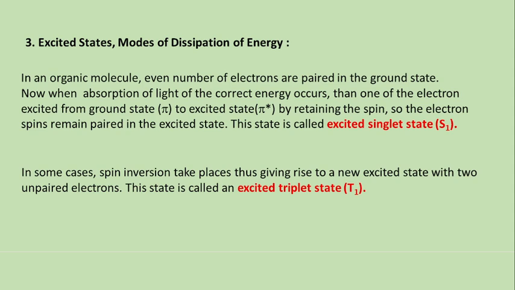These excited molecules undergo excitation in the singlet and triplet states, and that excitation must be in the excited states, that is excited singlet state and excited triplet state. Generally, in an organic molecule, an even number of electrons are paired in the ground state.